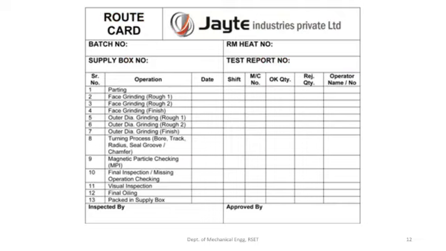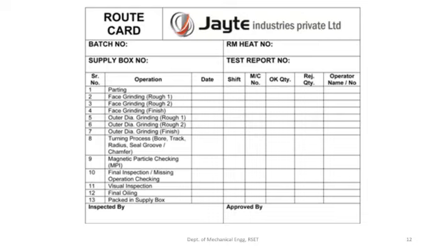Now this figure shows the route card. That's a technique that is used for routing operation. It contains the operations that need to be carried out, arranged in the sequence in which they have to be carried out. This route card is attached to the workpiece as it moves from one station to another, and at each station they record the details: the amount that is produced, when it is produced, what shift, the machine that is used, the quantity that is okay, the quantity that is rejected, and the operator name or number.